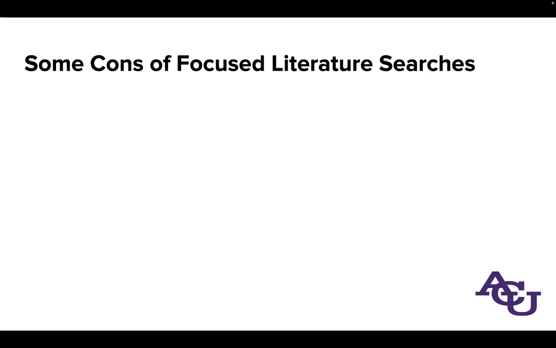Some of the cons or downsides, well, you're kind of doing a little bit of a trade-off in acceptable versus the best. Let me explain the difference. If you are writing a course paper, you want things that will give the necessary information for that course paper. Now, you might identify a journal article that talks about something in a context that is reasonably similar to the context you're trying to apply for things.